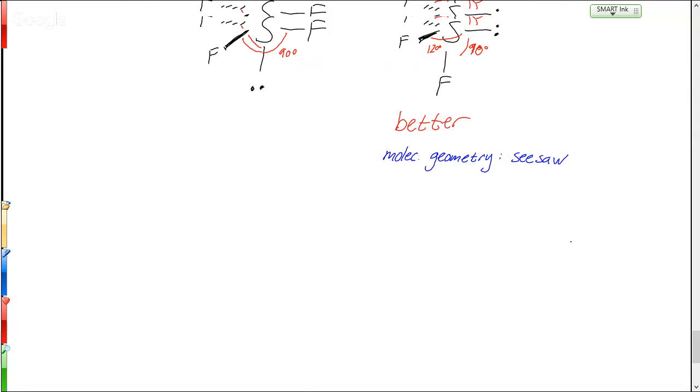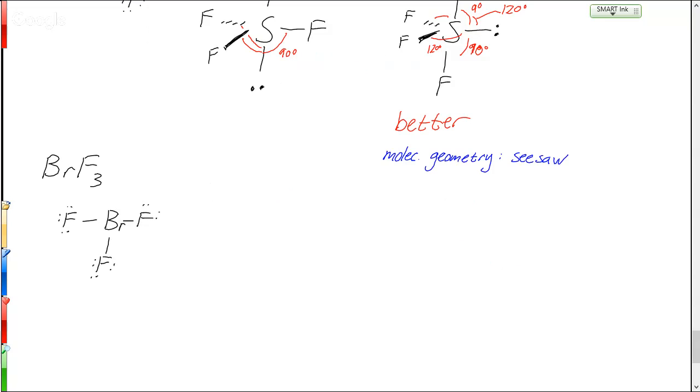All right. So then what happens if we get another lone pair in there? Like bromine trifluoride. We do this Lewis structure. We have still 5 electron groups on that central atom, 2 lone pairs and 3 atoms.